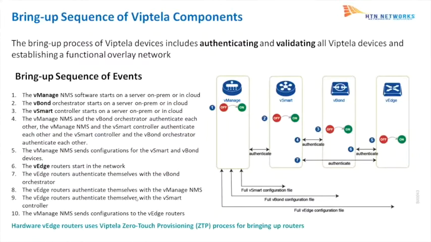If you have a template configured for that vEdge router, initially it comes up with the minimum configuration, and when a template is configured on the vManage, it gets its full configuration from the vManage, pushed automatically. Then, once authenticated with vBond and vManage, it goes to the vSmart controller, gets authenticated, builds the DTLS tunnel, and if the tunnel is successfully established, the vEdge router comes up on the network.